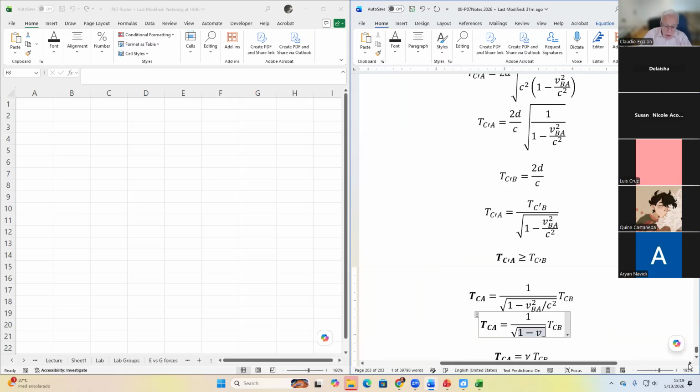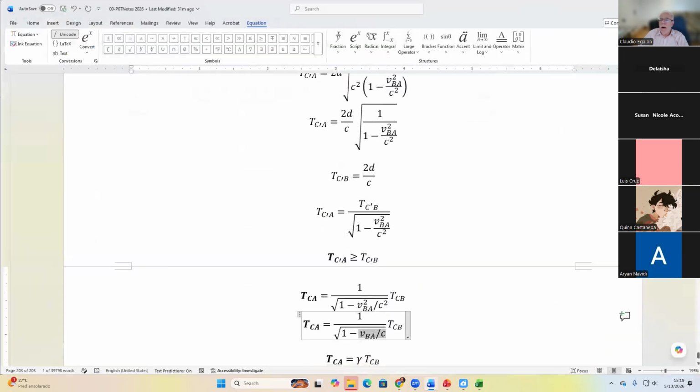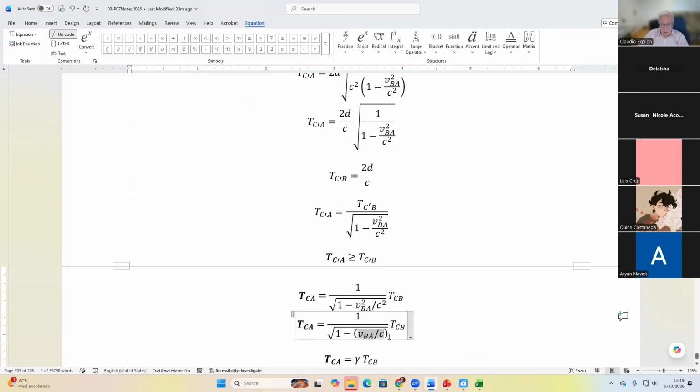VBA is the velocity of referential A with respect to B, which, by the way, coincides with the velocity of the clock, C prime, with respect to A. I'm going to plot against this ratio, which can be anywhere between 0 and 1.